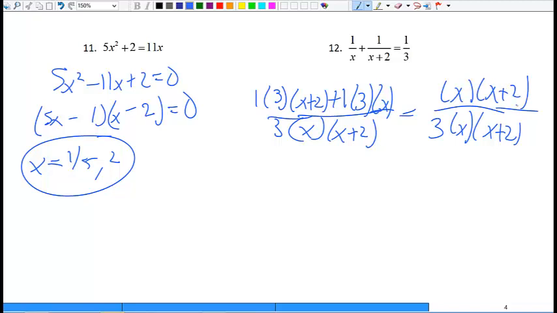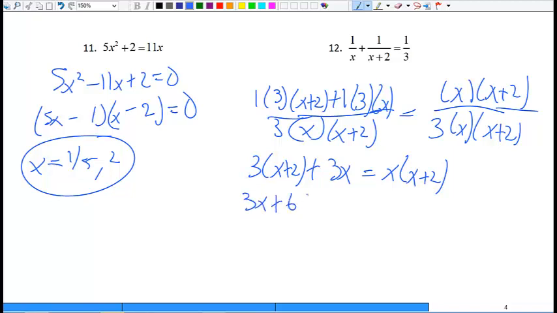Okay, now at this point we can focus just on the numerator. Because the only way these two fractions are going to be equal, obviously the denominators are equal, that means the numerators have to equal each other. So that would be 3 times x plus 2 plus 3x equals x times x plus 2. And then I'm going to distribute and combine like terms.